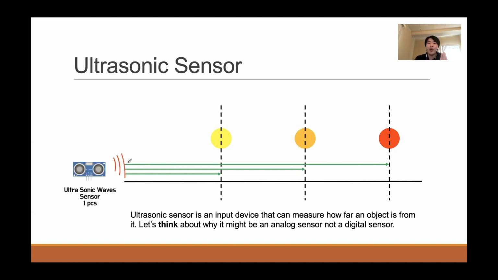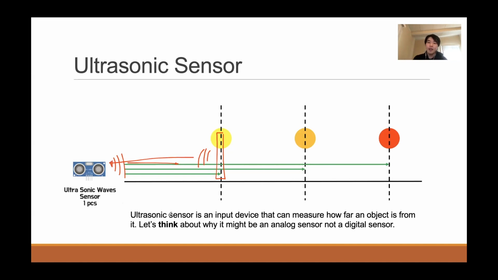Moving on, the ultrasonic sensor sends out a sound wave. Now, when the sound wave travels away from the sensor and an object is obstructing the path of the sound, the sound reflects backward. It comes back to the sensor. And depending on how fast that happened, the sensor calculates how far an object might be located.